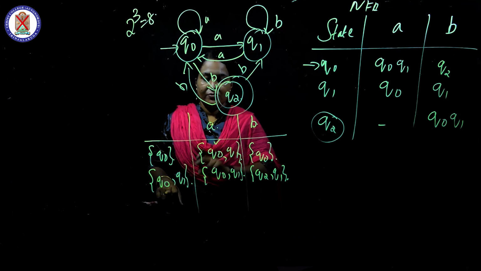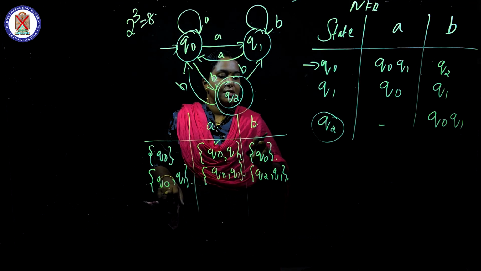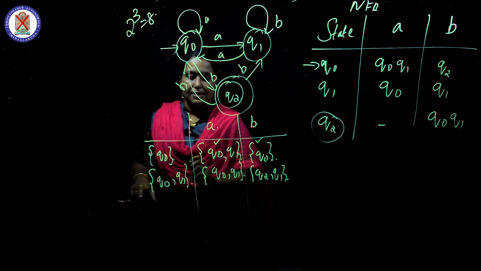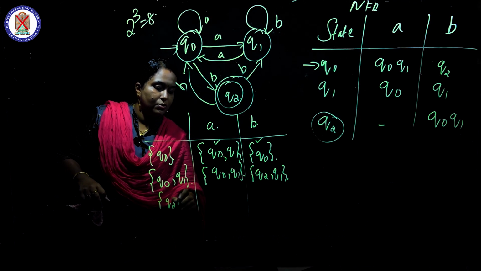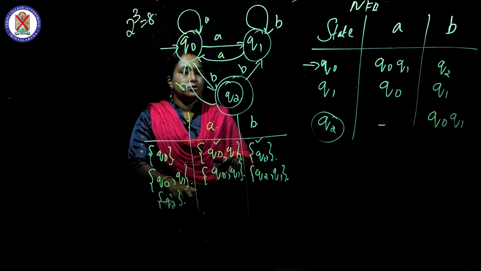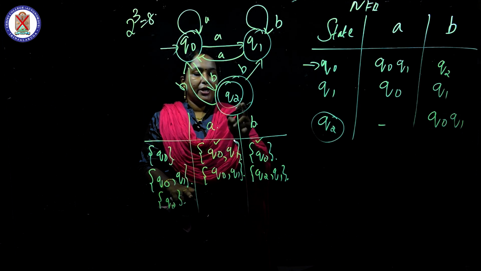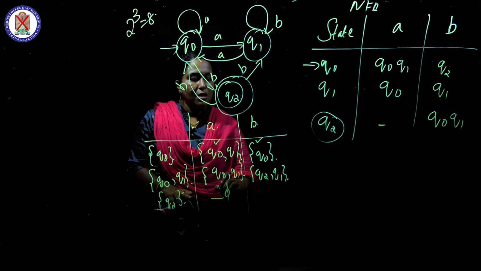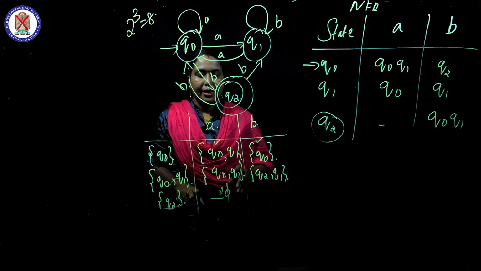This is visited. Next we have to visit set Q2, which is not yet visited. Q2 on A goes nothing, so you can mark it as null or phi, both are correct.